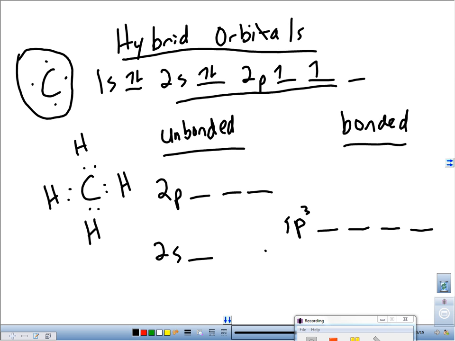It's a different shape. It has taken the s and the p's together, because that's where the valence electrons come from, and formed a new orbital called the hybrid orbital, and in this case the name of it would be called an sp3.